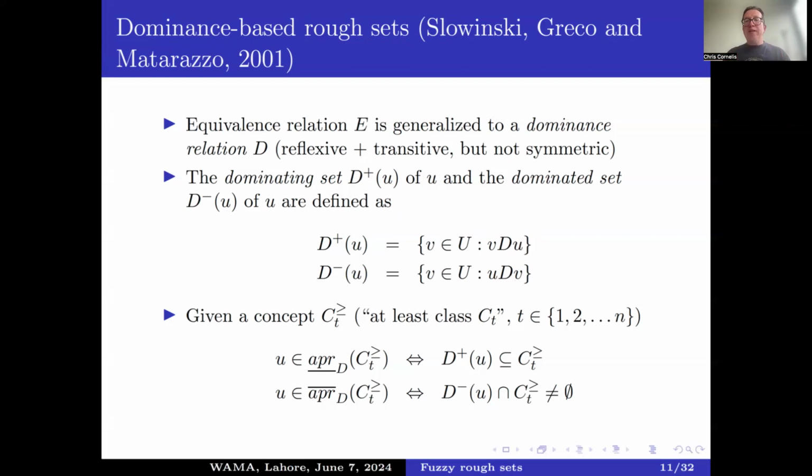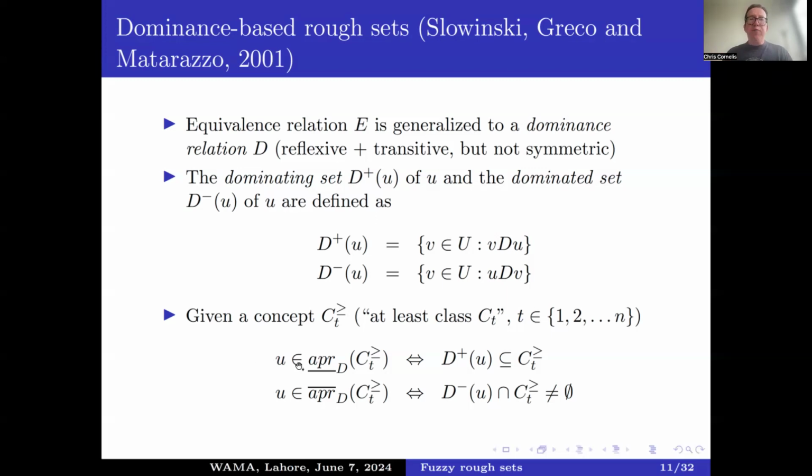Now we can also generalize the lower and the upper approximation, but the idea of concept first also needs to be generalized, because if we look at monotone classification, we're typically looking at decisions in the form of at least as good as a certain class. So a concept will always be of this form, Cl_t at least, larger than or equal to, where t is a class ranging from 1 to n in general.